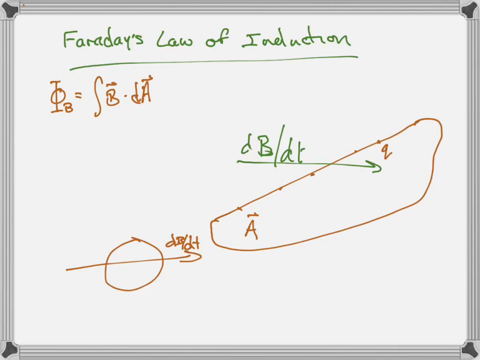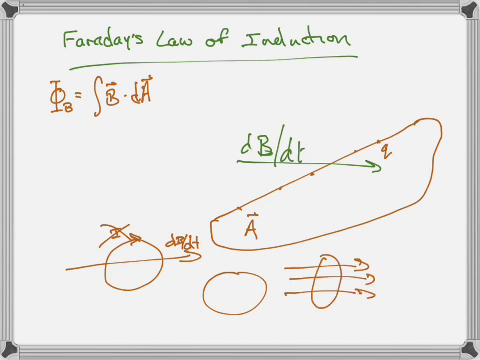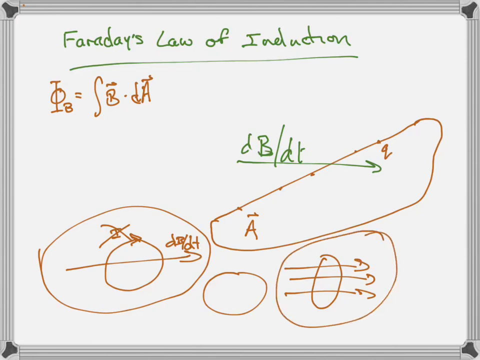So there would be no current induced in that loop. The magnetic field has to actually go through the loop. It's kind of hard to draw that in two dimensions. In any case, the picture on the left is meant to imply that the magnetic field is parallel to the area of the loop, and this picture here shows the magnetic field going through the loop, where you will induce a current in the loop.